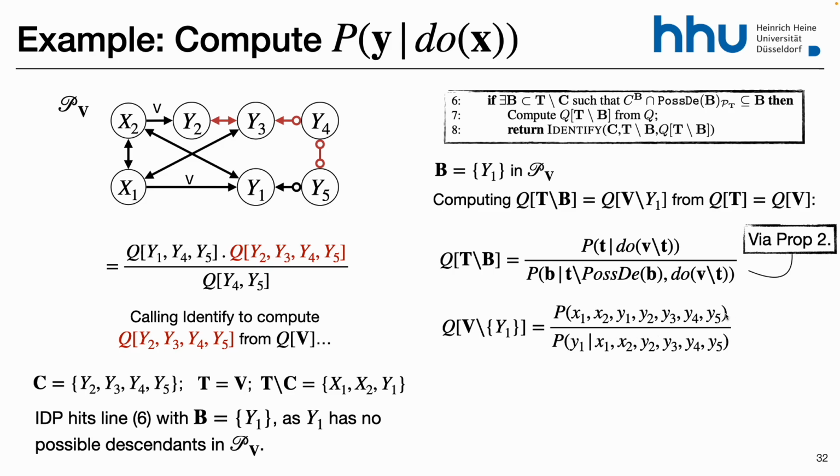And in the denominator is B, and B is y1, and I get the T, which is everything, minus the possible descendants of B, which is y1. It's kind of redundant. I cannot put the y1, of course, and so it's everything here. It's the Q of y1 given everything else.